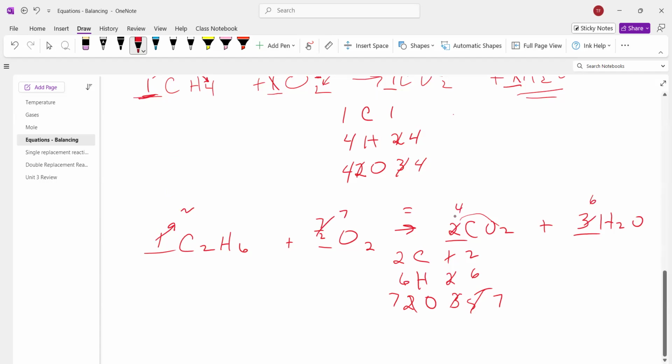Okay, so let's do an inventory now to make sure we balanced this equation. In carbons, we have 4 and 4. Hydrogens, we have 6 times 2 is 12, and 6 times 2 is 12 over here.